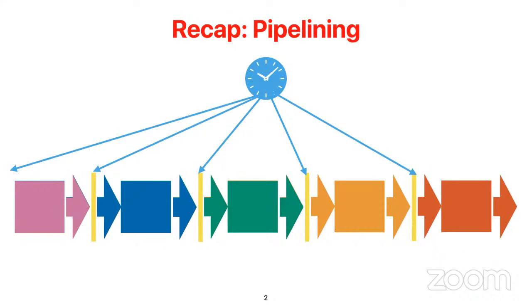And the good thing about pipelining is that every unit on the processor can act simultaneously on different instructions, so you can maximize your throughput.